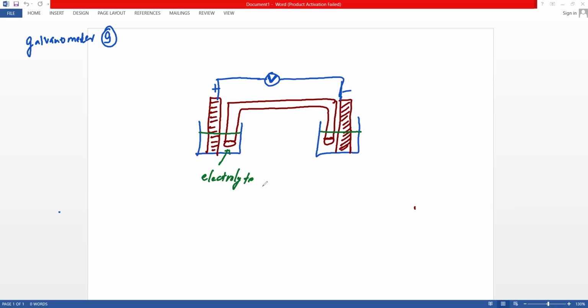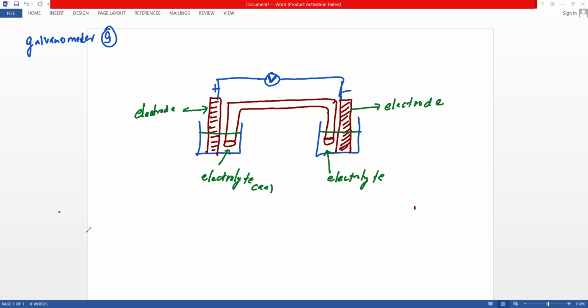I'll just write aqueous solution. Then this one here is a metal or graphite, which you can call an electrode, and this one is also an electrode. But remember, one is positive and one is negative.